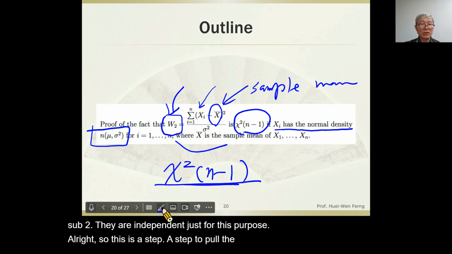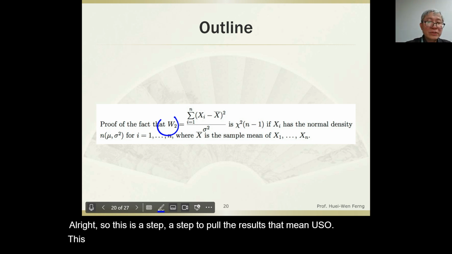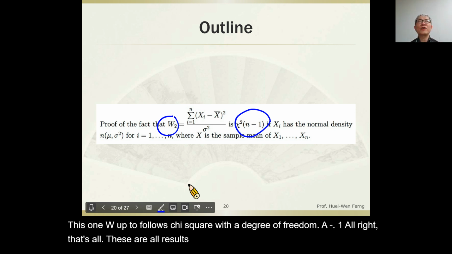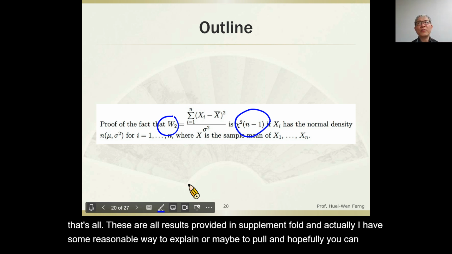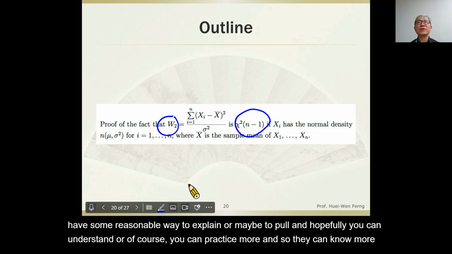Let me erase all. W sub 2 follows chi-square with degree of freedom n minus 1. These are all results provided in supplement 4, and I have a reasonable way to explain or prove them, and hopefully you can understand, or of course you can practice more, so that you can know more about these useful results.